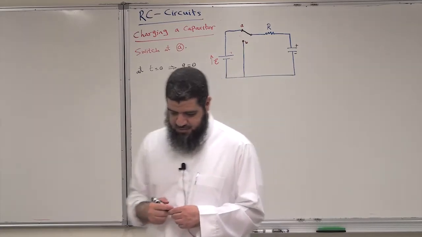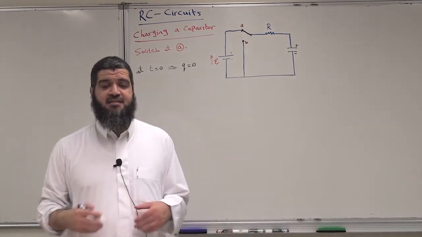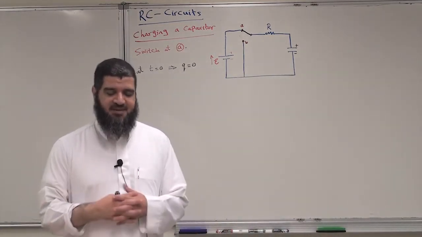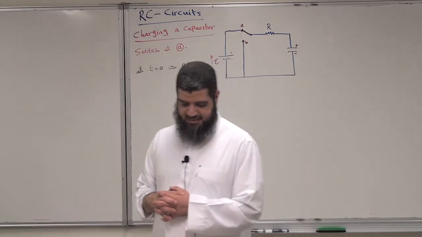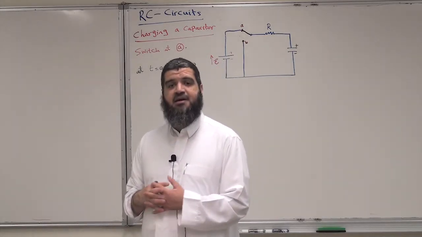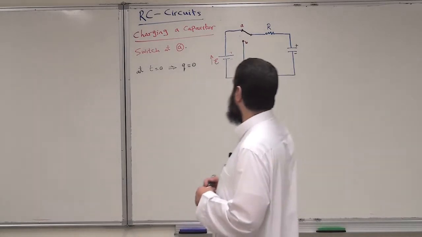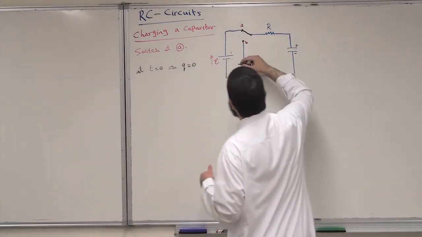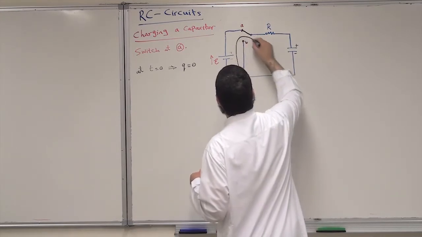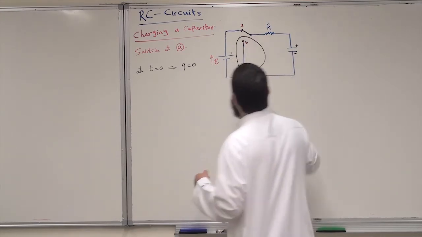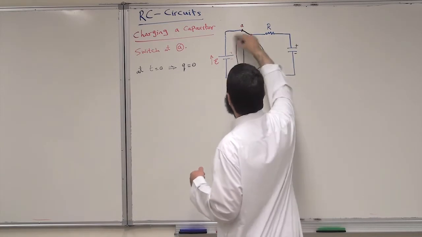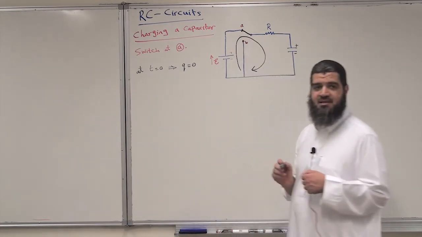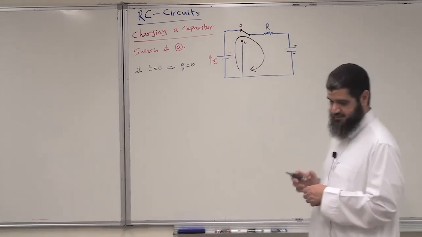In order to find the rate at which the capacitor is charging, we can apply the loop rule on this loop. We would like to move and see how the electric potential changes as we move along this circuit.